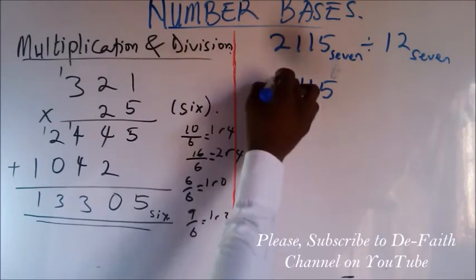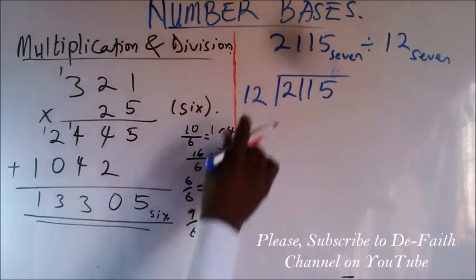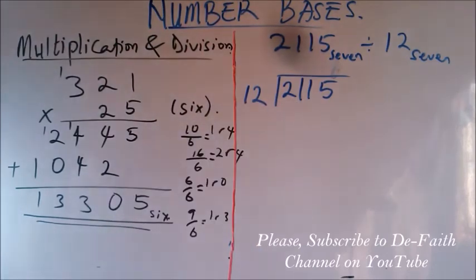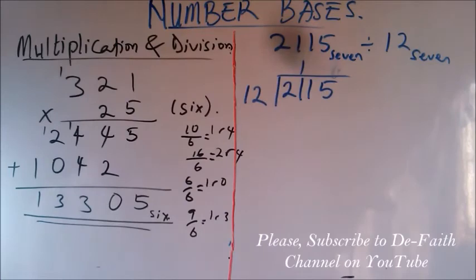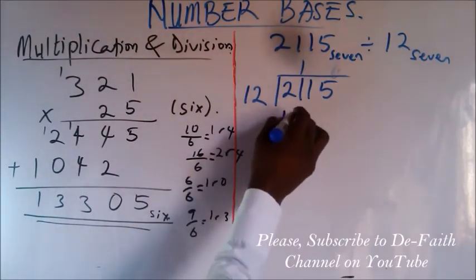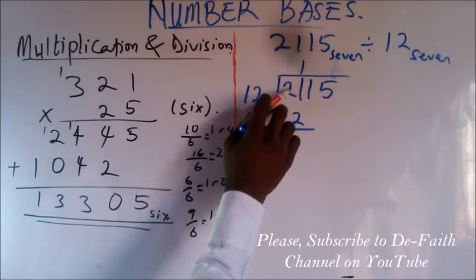So if you have 2115 base 7 divided by 12, alright, so we'll take it like 12 into 21, that gives 1. And don't forget that we are working in base 7. Alright, then 1 times 12, we have our 12 over here. 1 minus 2, that's impossible. So we'll come over here and borrow 1.